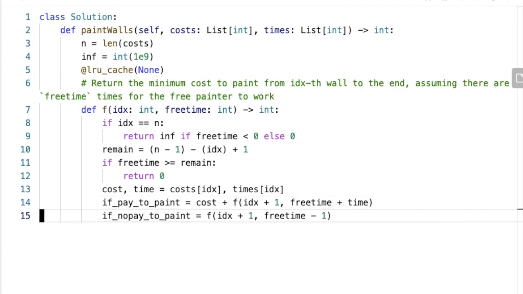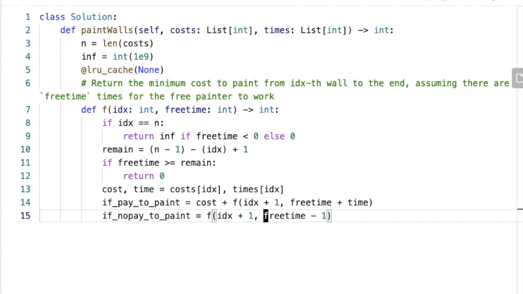And the other possible route is to not pay for it, which means asking the free painter to paint it. In this case, we don't have to add the cost like we did on line 14, but we do have to do free time - 1 here.